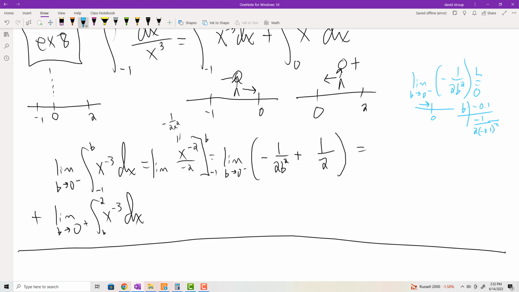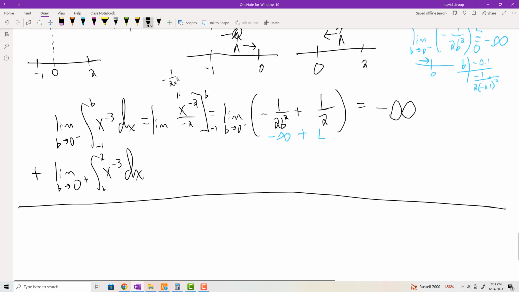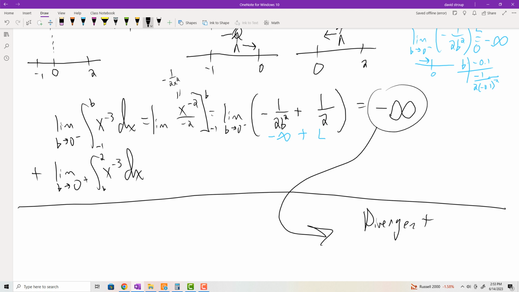And that will be a negative over a positive, so that will be negative infinity. So this first one is negative infinity, and then the second one is just some number L. So the negative infinity will dominate, and I have negative infinity resulting. And as soon as you get either positive or negative infinity, you're done. Regardless of what the other one is, it's automatically divergent. And that's just by definition. So you don't even have to do the second part of the integral.